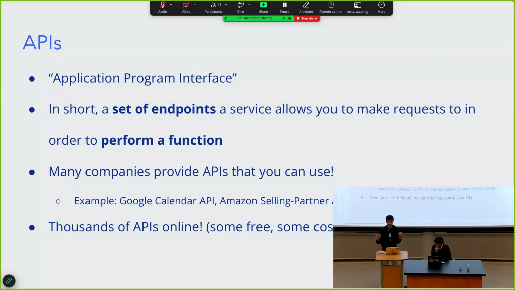We just have a Google Calendar that we update, and then the website automatically pulls from that Google Calendar and updates our website. We do that by using a Google Calendar API that Google provides. Another example is the Amazon Selling Partner API. Let's say you wanted to incorporate into your website a way for you to buy a product on Amazon.